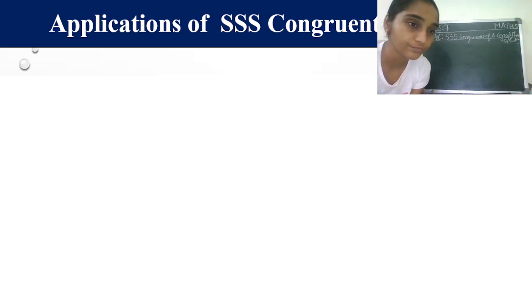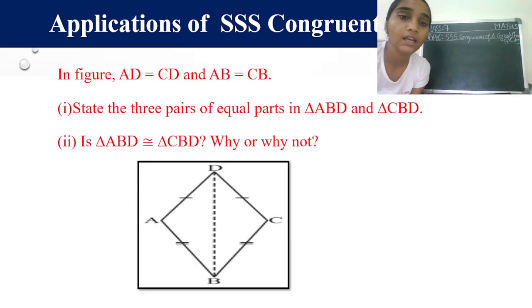Now let us see what they are asking us. They are saying that in the given figure, AD is equal to CD and AB is equal to CB. They have already given us this. What we have to do is state the 3 pairs of equal parts in the triangles ABD and CBD. You can see that there are 2 triangles ABD and CBD, and they are asking us to state the 3 pairs of equal parts. Which are those equal parts?